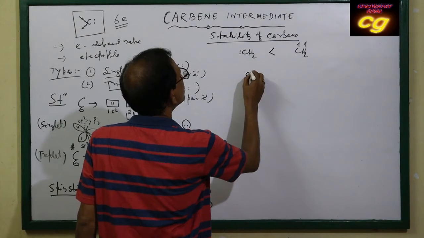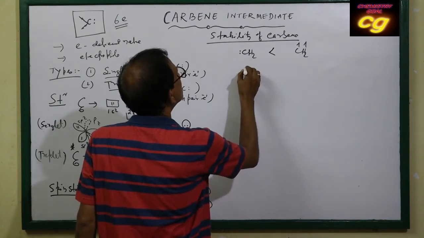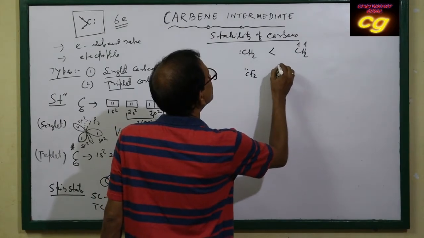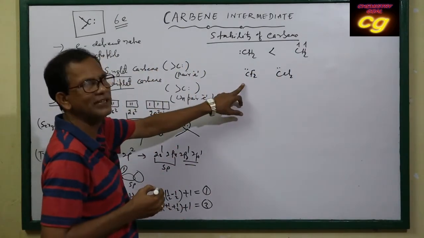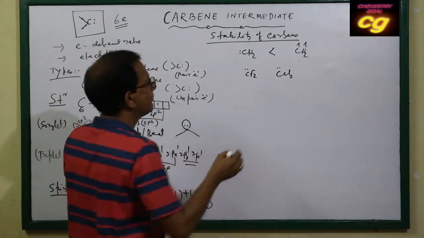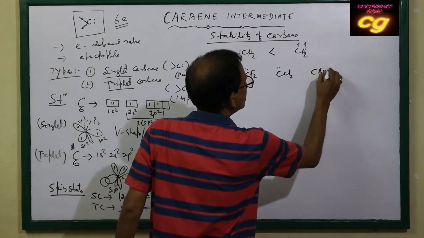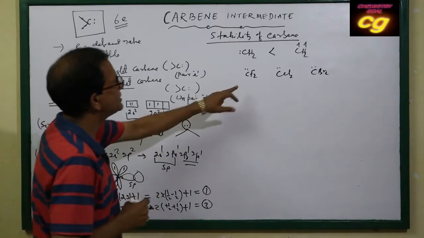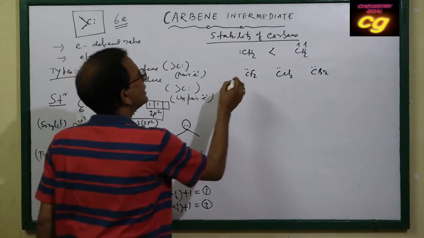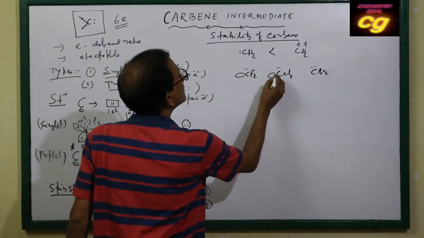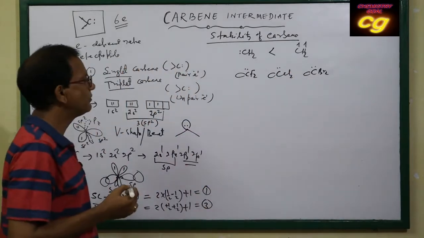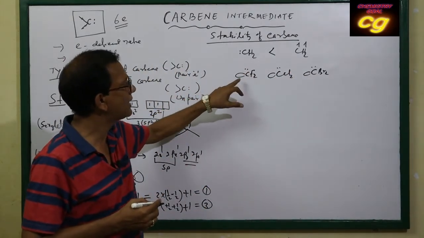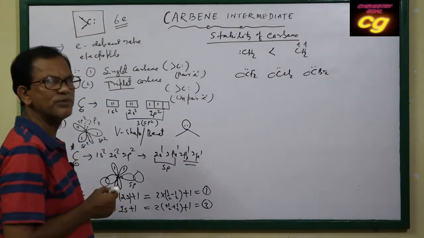But in case of, suppose, the example CF2 in singlet state, and CCl2, both having singlet form, then CBr2. If you see the stability, here it has a vacant orbital, already one vacant orbital is there. So what happens, the lone pair and vacant orbital will be involved in the formation of a pi bond.